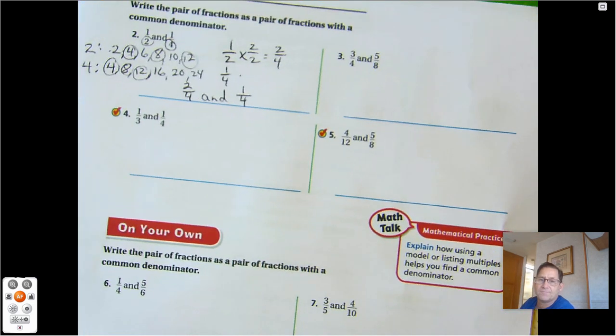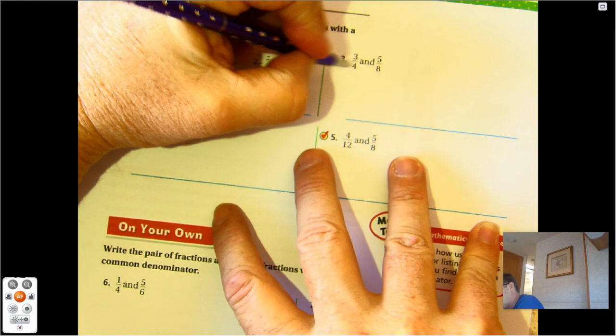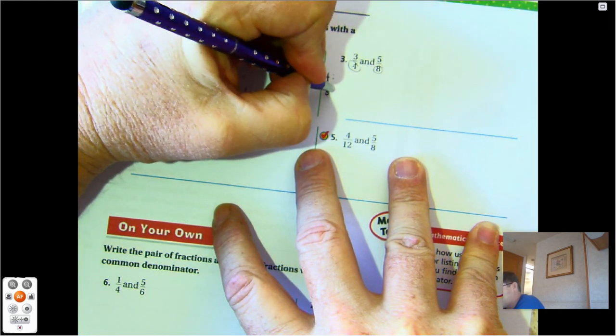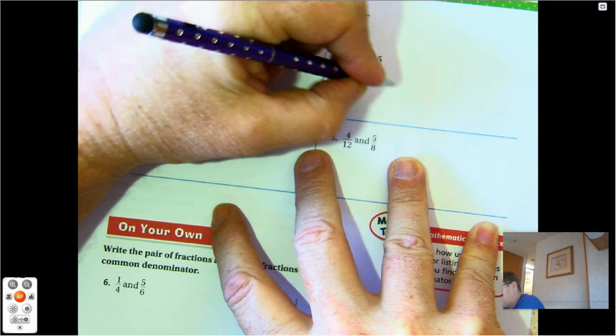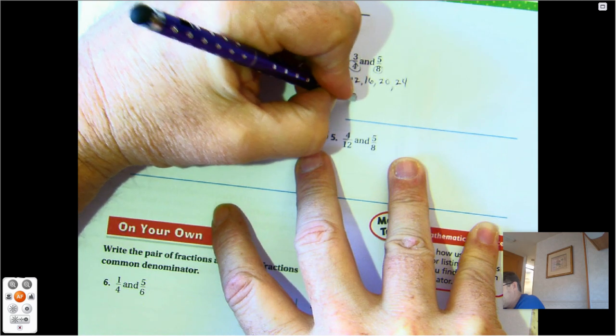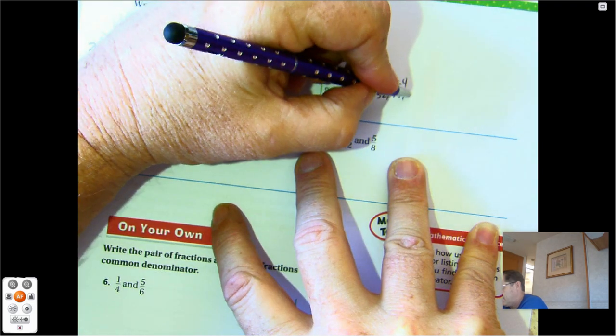All right, 3. 3/4 and 5/8. So our denominators that we need to match are 4 and 8. So 4, 8, 12, 16, 20, 24. 8, 16, 24, 32, 40, 48.